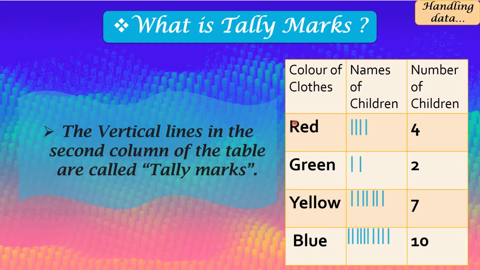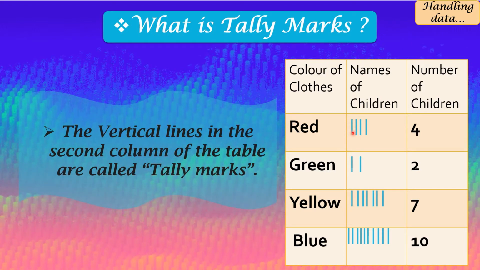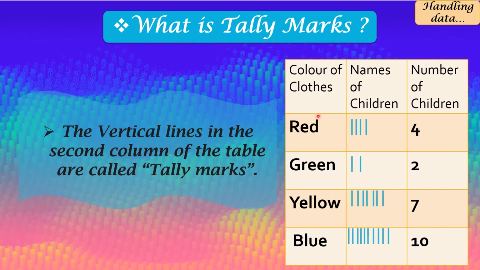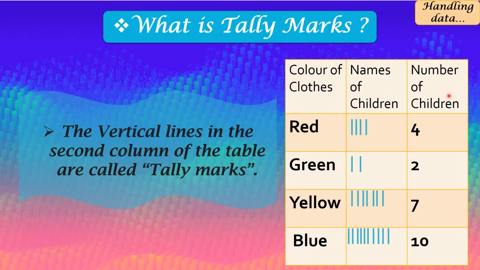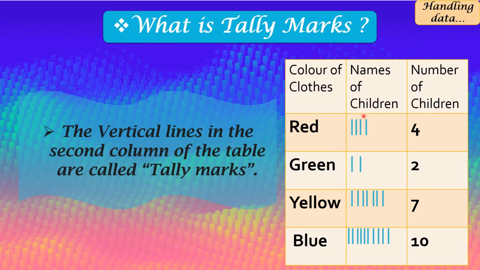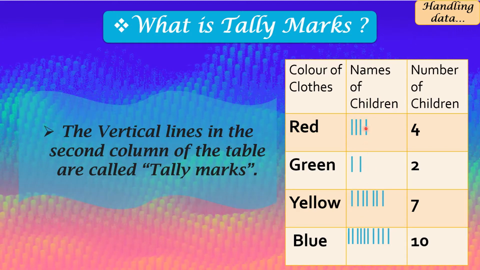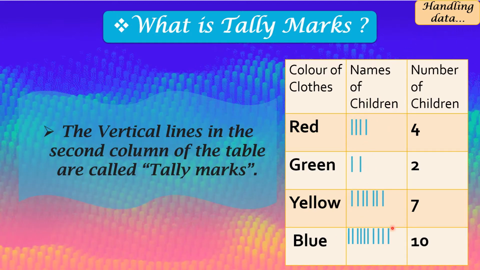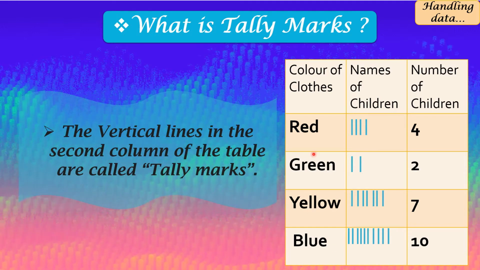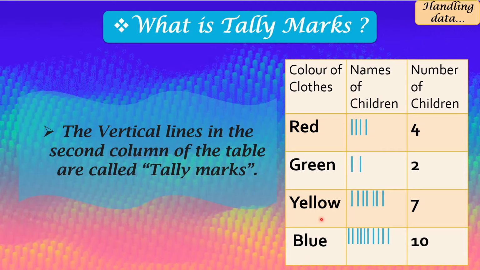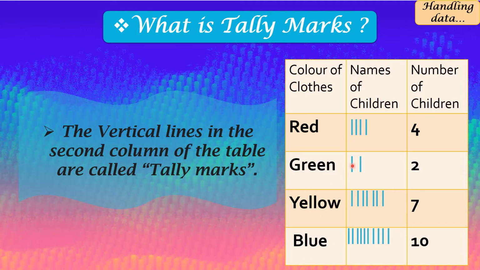Students, you can see here the vertical lines in the second column. This is the first column, this is the second, and this is the third column. Yes, so the vertical lines you can see here in the blue color, students, in the second column of the table, are called tally marks.